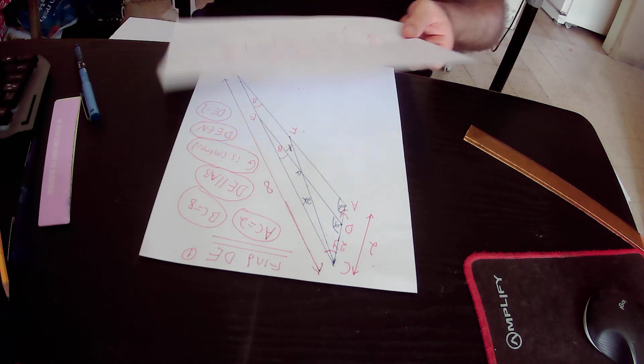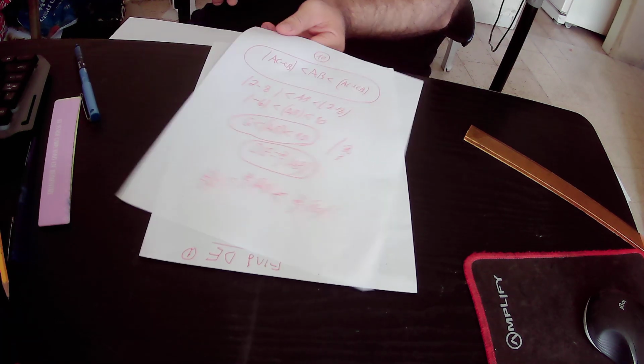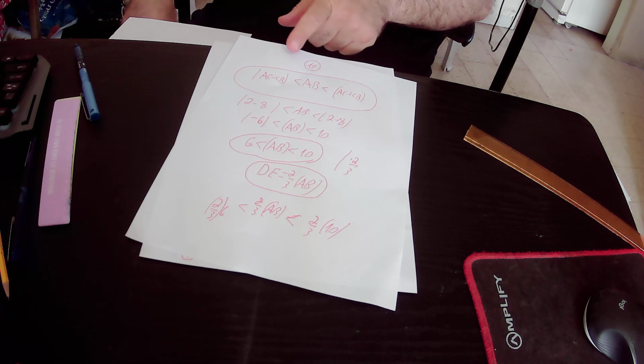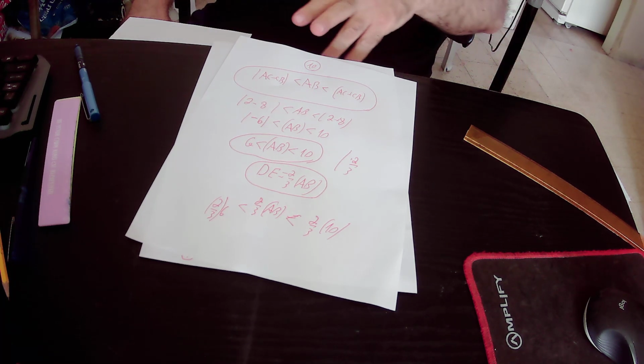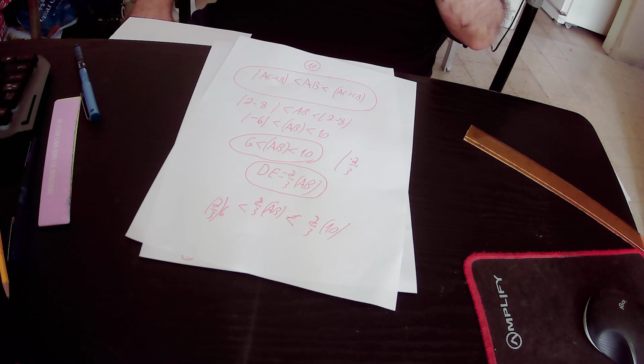AB will be greater than the absolute value of AC minus CB. Okay, that is the implementation of the rule that I mentioned in our triangle ABC.